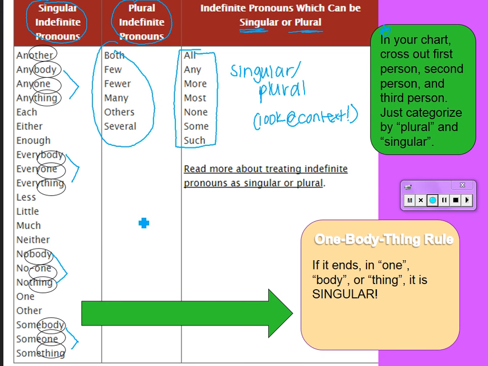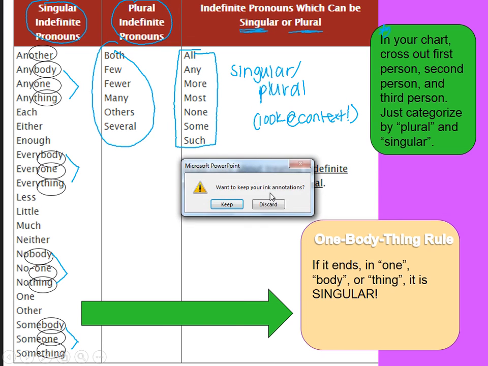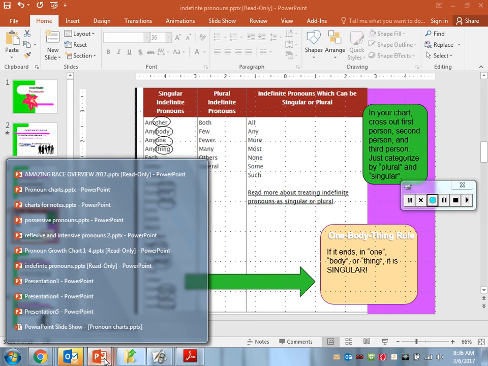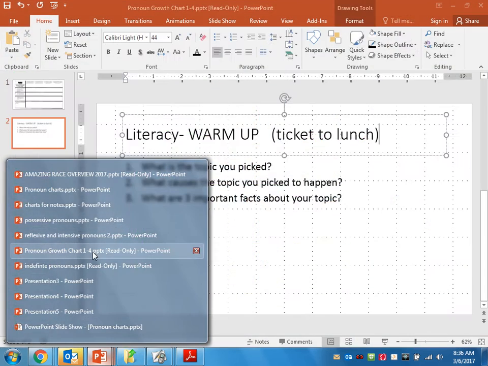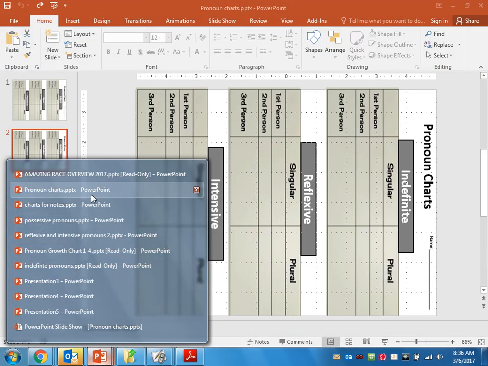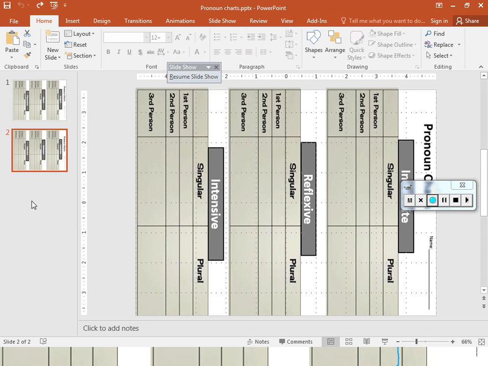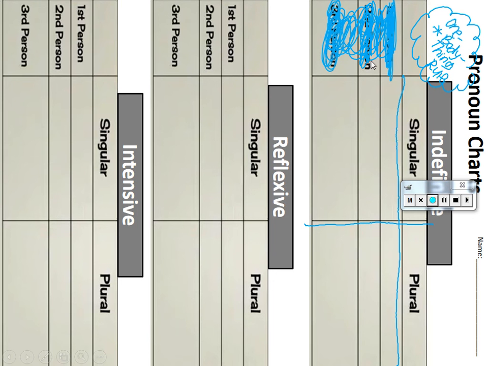So your chart could look maybe a little bit something like this. I'm not going to be able to remember all of them. And remember, if you need to go back and pause because I'm going too quickly between slides, please do that. Okay? So since we crossed out first, second, third person, we just have a singular column and a plural column.